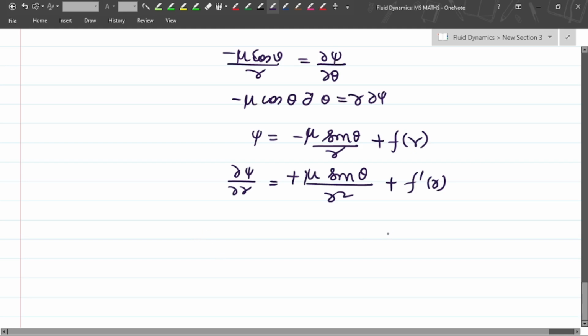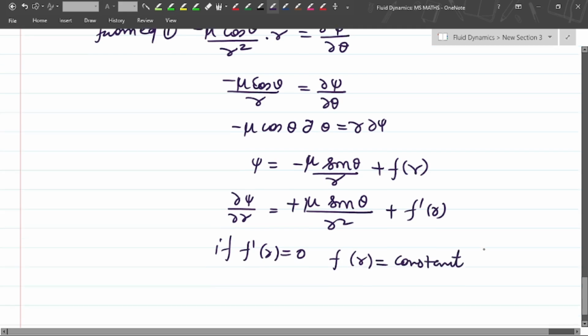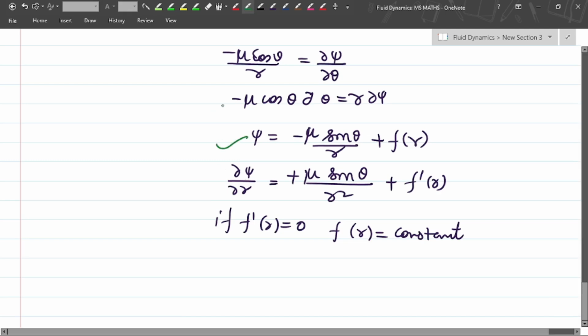Now, if we compare these both things, then f dash of r is equal to 0. If we compare this from the derivative, dou phi by dou r, then f of r is equal to constant here. So now we have phi function and psi function both, then we can find the complex potential due to the doublet. It is basically phi plus iota psi.